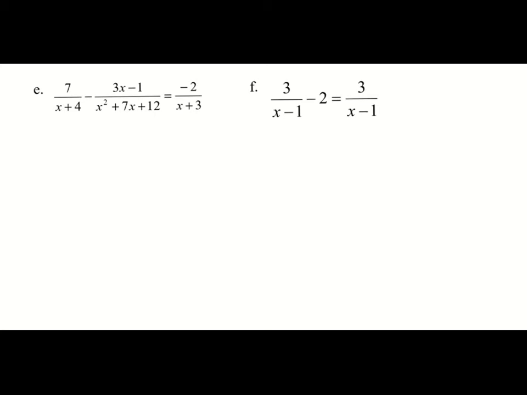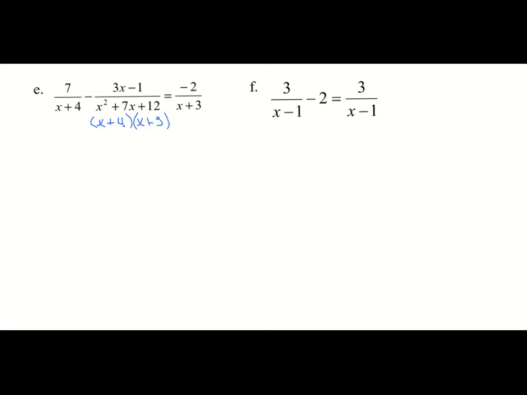All right, so now we are looking at E, and I do notice I have that one denominator there that is not factored. So x squared plus 7x plus 12. That would factor to get 12, we can do 4 and 3, which would give me 7 as well. So x plus 4 times x plus 3.